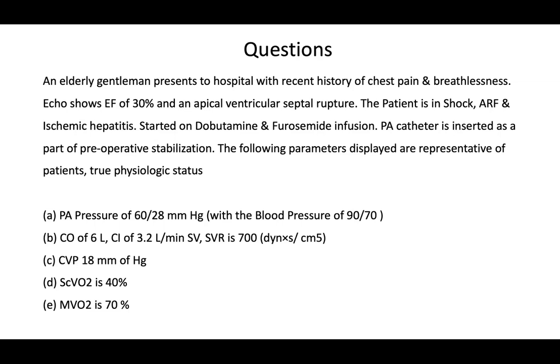The following parameters displayed are representative of the patient's true physiological status. PA pressure of 60. So these are the typical K type questions, where we have to identify the true and false. The PA pressures are 60/2/28. Cardiac output of 6 liters, cardiac index of 3.2, SVR of 700, CVP of 18, SCVO2 is 40% and MVO2 is 70%.